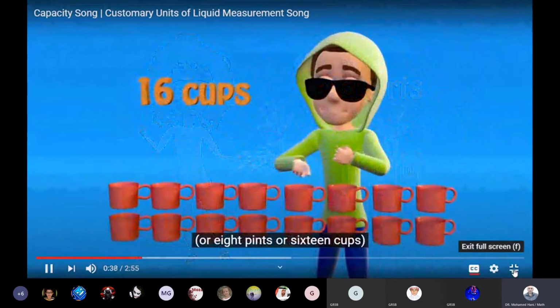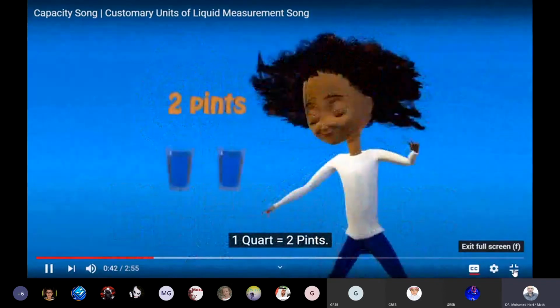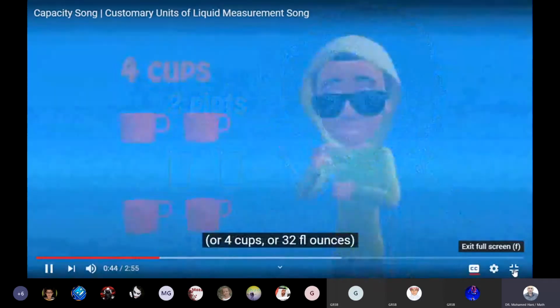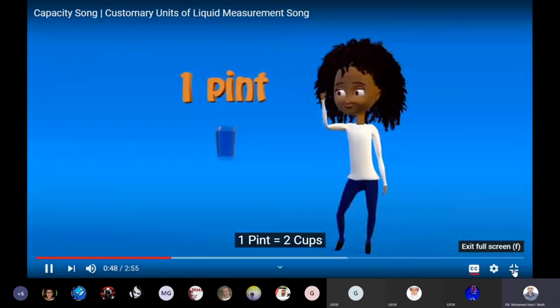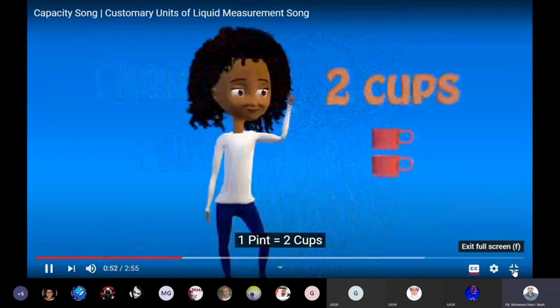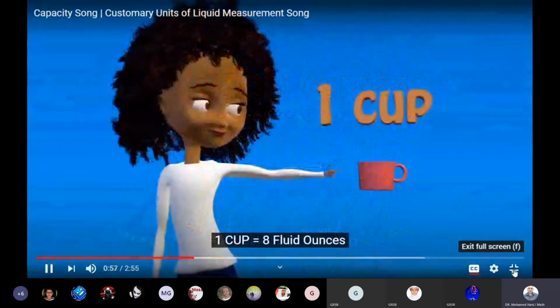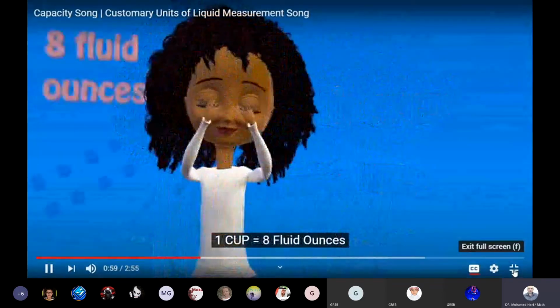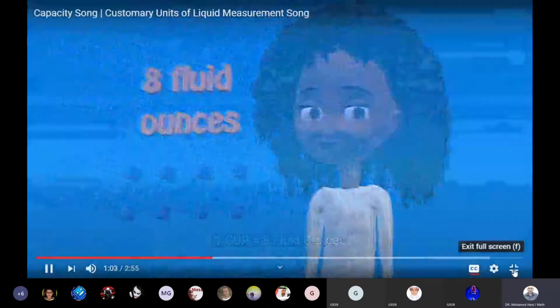Or 8 pints or 16 cups. 1 quart is 2 pints. Or 4 cups or 32 fluid ounces. 1 pint is 2 cups. Or 16 fluid ounces. 1 cup is 8 fluid ounces.